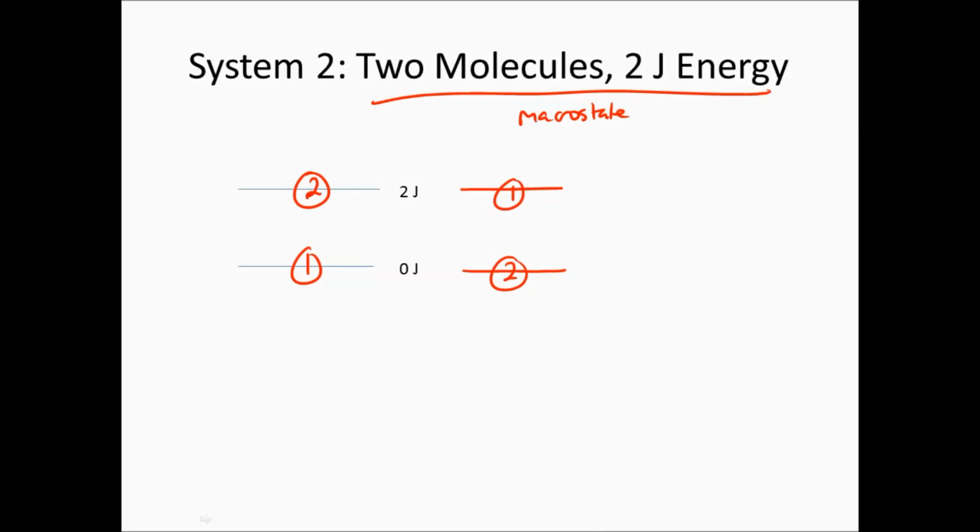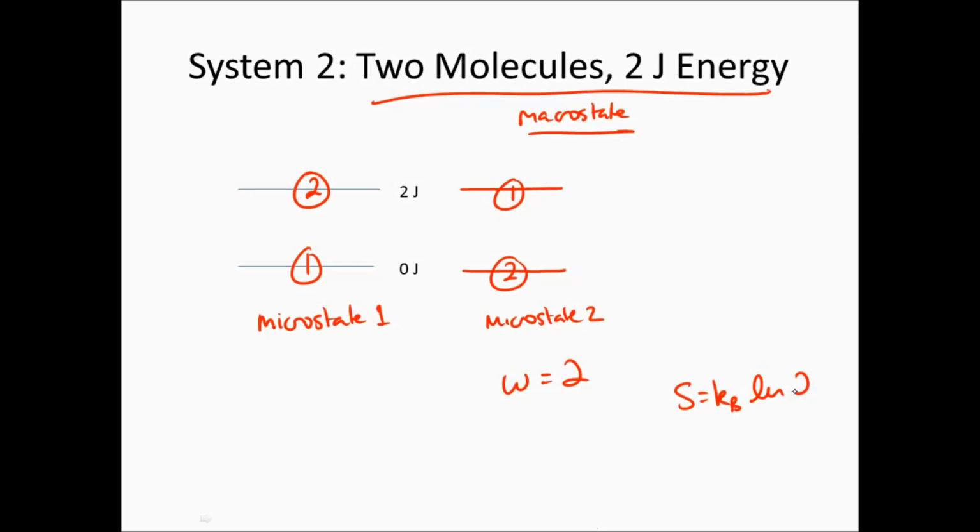In this event, therefore, each of these is a microstate. And therefore, there are 2 microstates corresponding to this overall macrostate. And therefore, the multiplicity here is 2, and the entropy of this system is Kb ln of 2, where Kb is the Boltzmann constant.